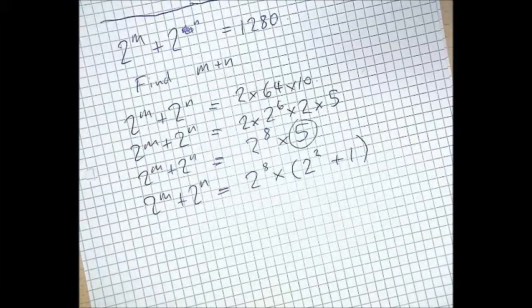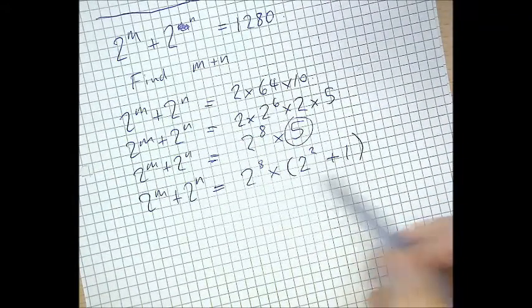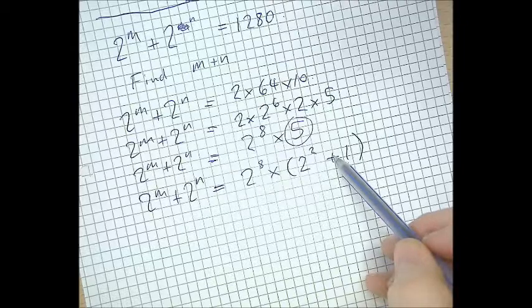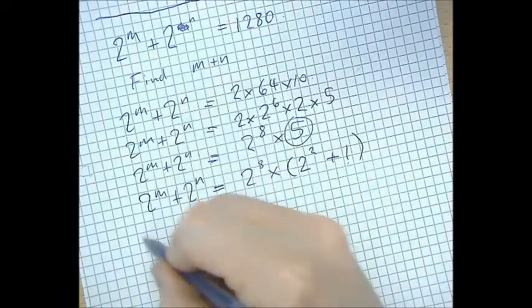Now you may think I would never have thought to do that, but can you at least see why I did that? What's the advantage of that? Well, that's 5, but it's now 2 squared plus 1. It's now got powers of 2 just like everything else did. That is not a prime factorisation because there's a plus there. But the point is that I was trying to get powers of 2 in the mix.